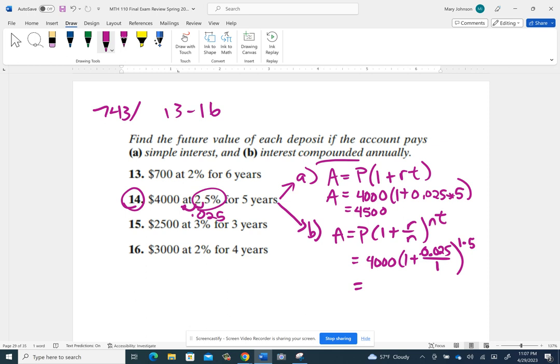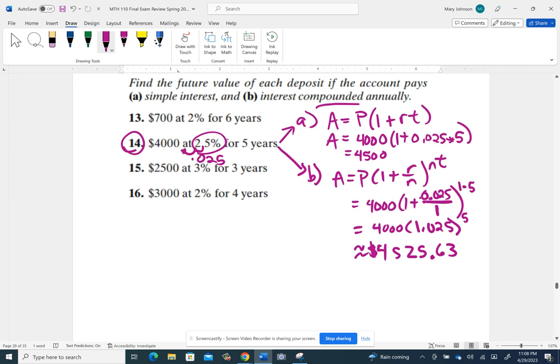Okay, I can simplify a little bit before I go to my calculator. Because I'm just dividing by 1, I get 1.025. And then I'm raised to the 5th power there. So take your 4,000, 1.025 raised to the 5th power, and I get about $4,525.63 about. So a little bit more.